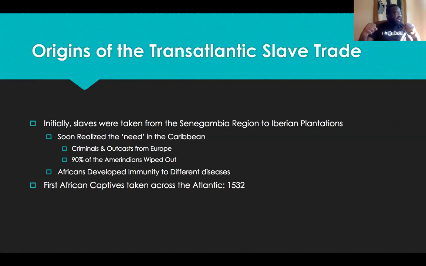So what are they going to do? Where are they going to find the beasts of burden, as they would describe them in their very patronizing and racist ways?